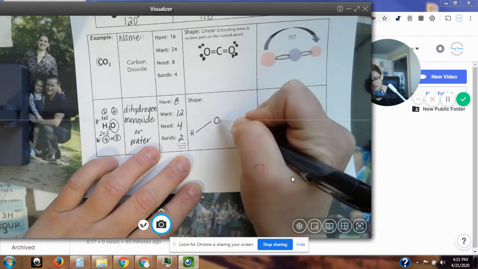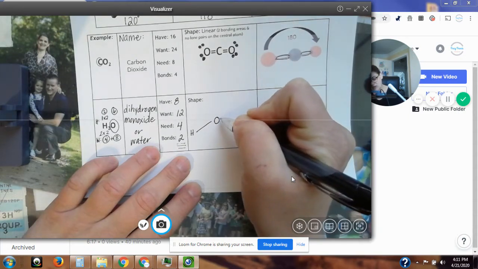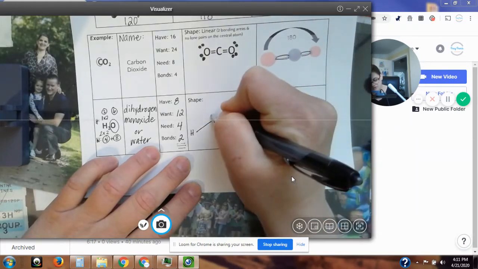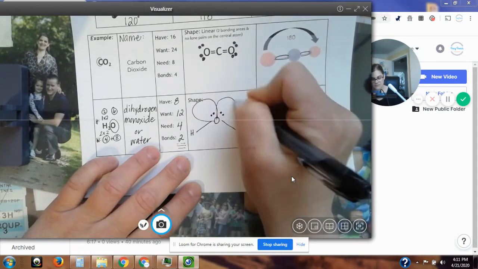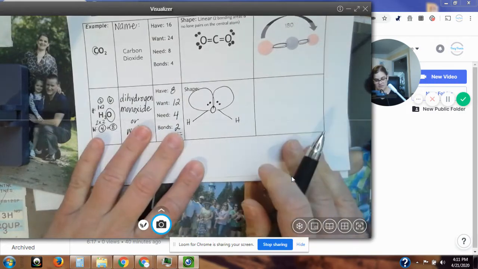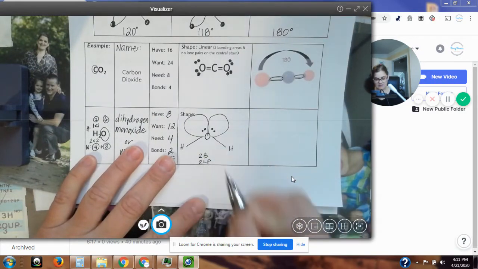And then I'm going to add on here the lone pairs. So 2, 4, here's number 5, 6, 7, 8. It takes up a big amount of space, so pushes those in. So I see I've got 2 bonds and 2 lone pairs.